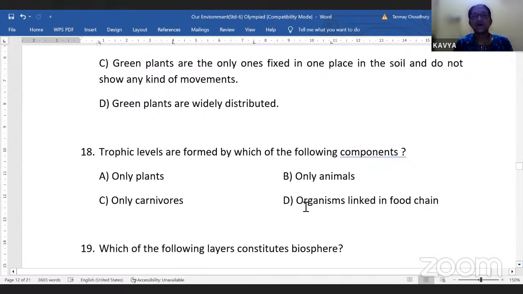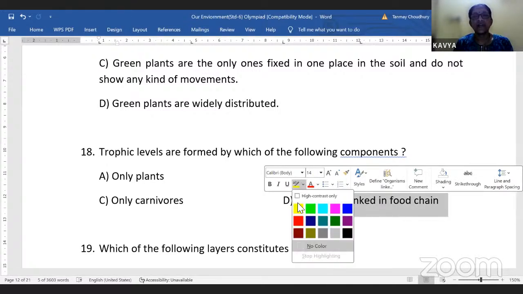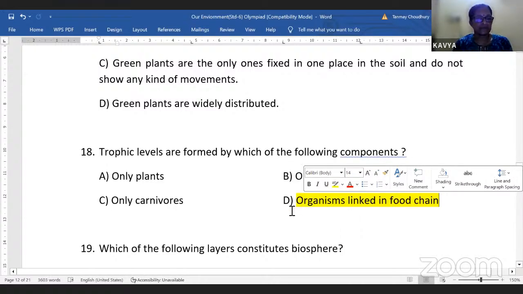Trophic levels are formed by organisms linked in a food chain. Every level in a food chain is known as a trophic level. Both A and B.